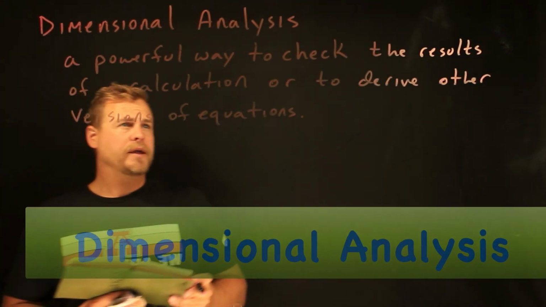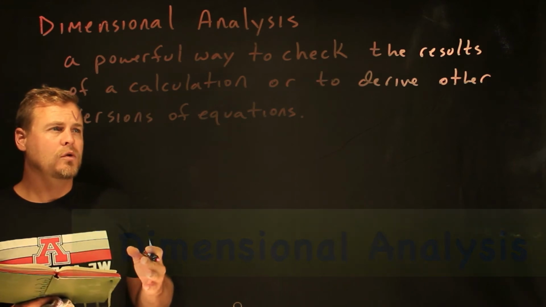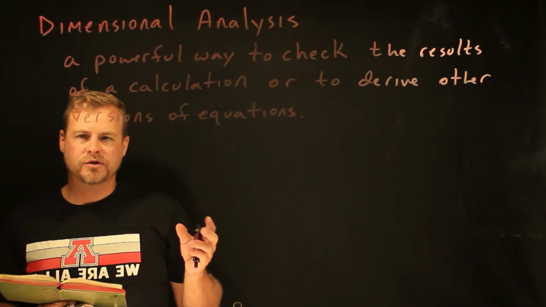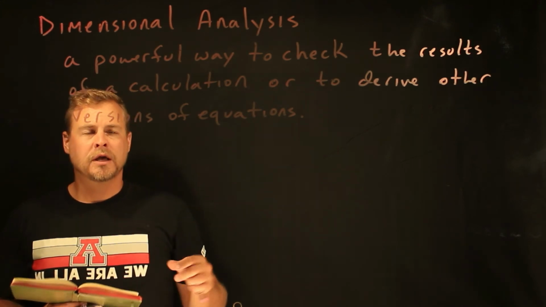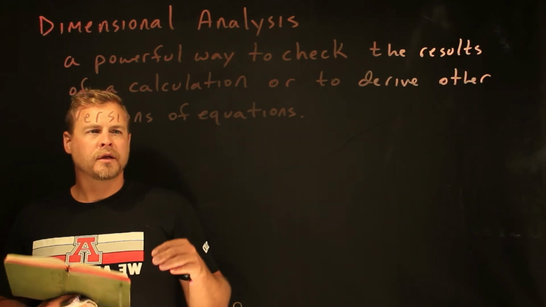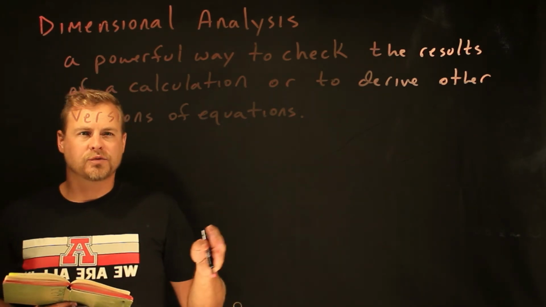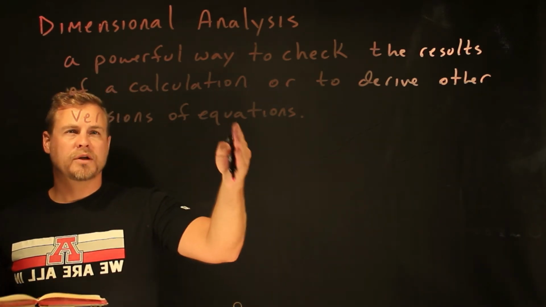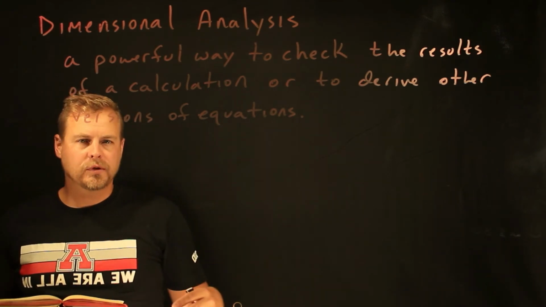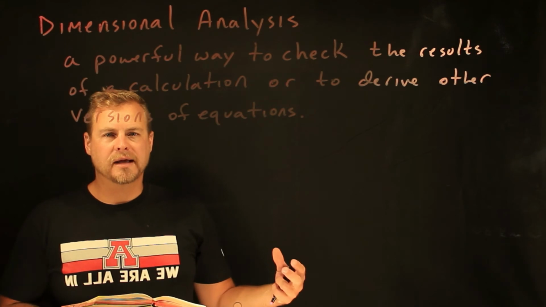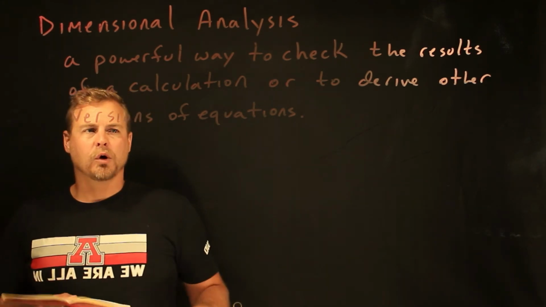This is a powerful way to check the results of a calculation or to derive other versions of equations if the equation that's been given to you doesn't work for you. We see this a lot when we deal with velocity, acceleration, displacement, kinematics. We will use dimensional analysis to come up with new equations because my experiment might not be able to get all the data I need to use the appropriate equations.